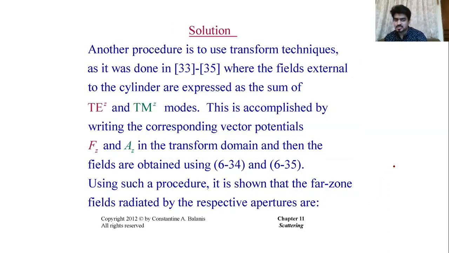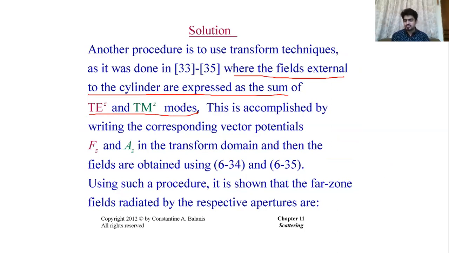The other method is that the fields outside the cylindrical structure are expressed in terms of a sum of TE to Z and TM to Z modes. Those can be achieved by writing down the expressions of FZ and AZ, which we have done.